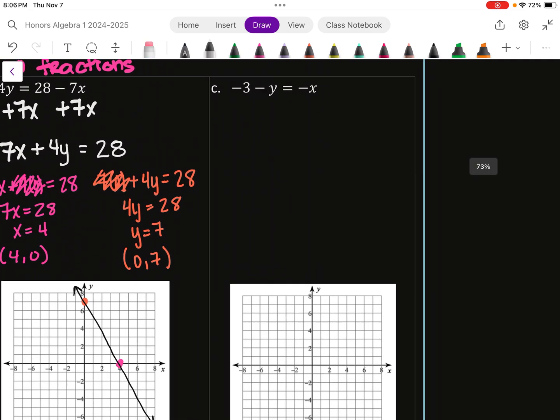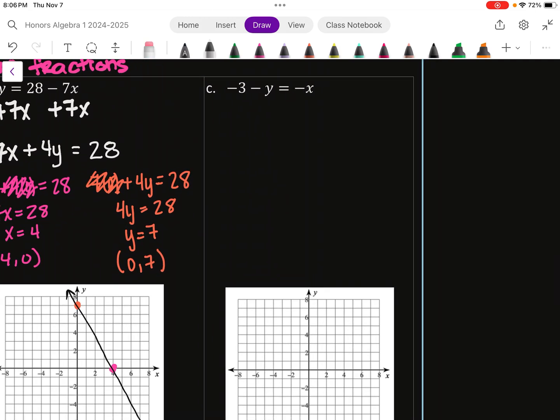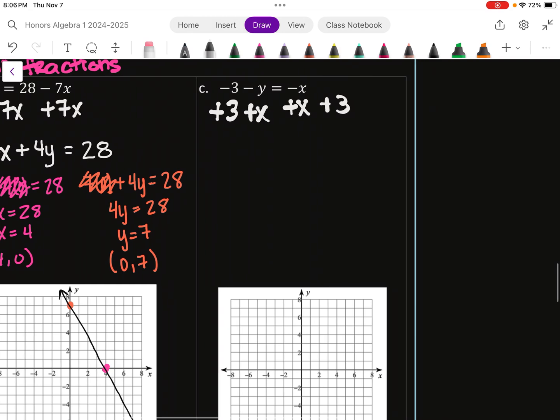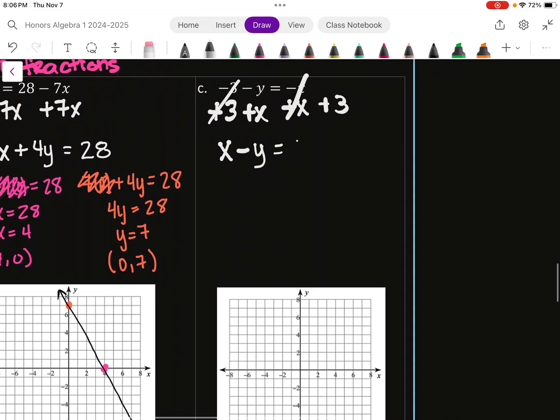I can kind of move some things around, and most of us can kind of move these things in our heads, but how I would go about doing this is probably adding this x to the left and adding the 3 to the right. So adding x over here, it goes away over there, and I'm left with x minus y, that goes away there, is equal to 3.